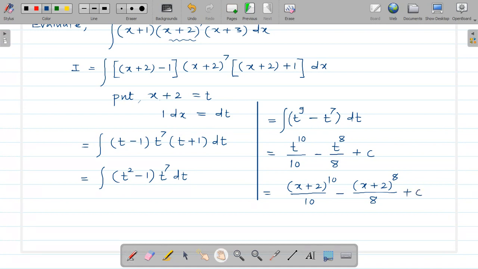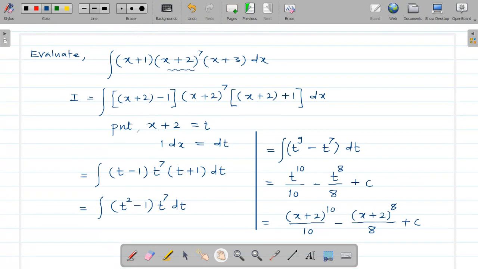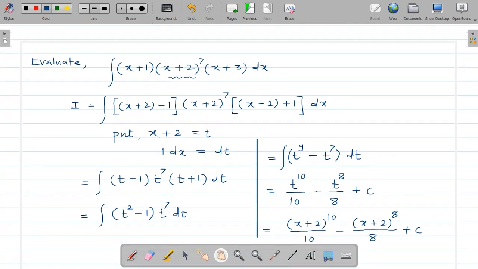So see the substitution method, but before substitution we have to modify x plus 1 and x plus 3 as x plus 2 minus 1 and x plus 2 plus 1 respectively. So in type number 2, first of all we need to adjust the given integration for the substitution method.